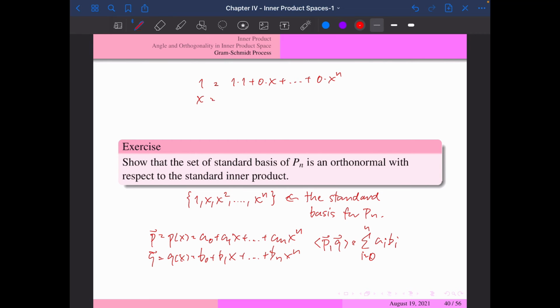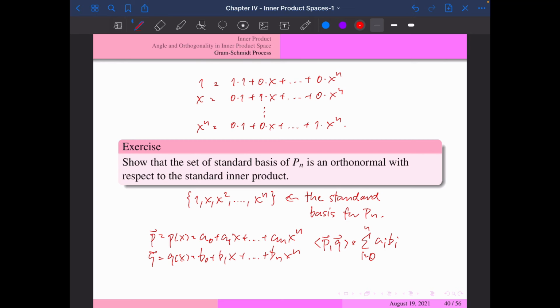And x is 0 times 1 plus 1 times x plus ... plus 0 times x to the power n. And the last one, x to the power n, is 0 times 1 plus 0 times x plus ... plus 1 times x to the power n.